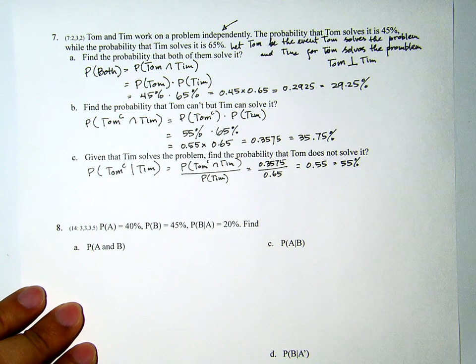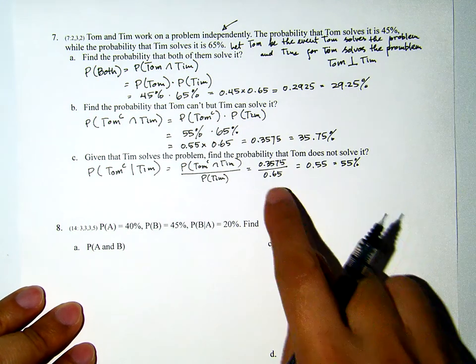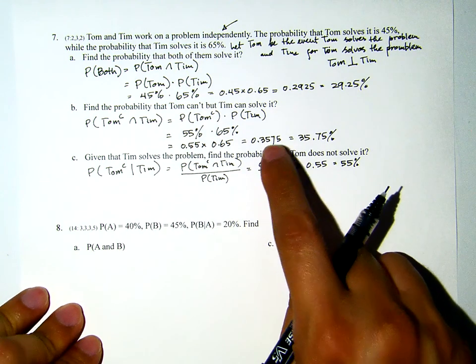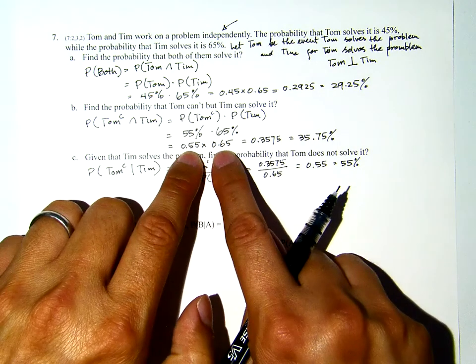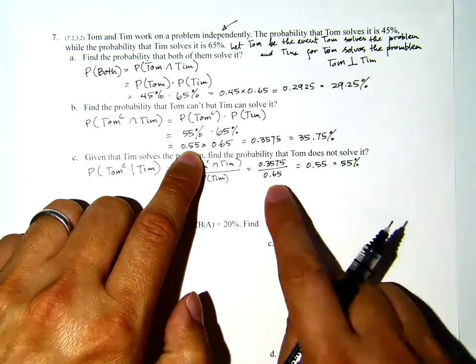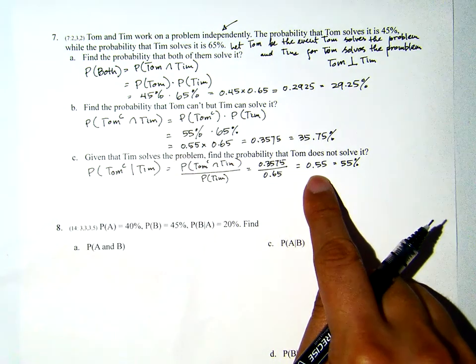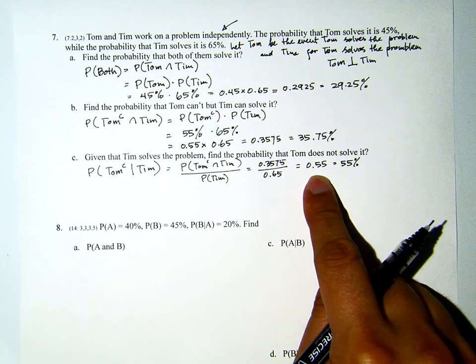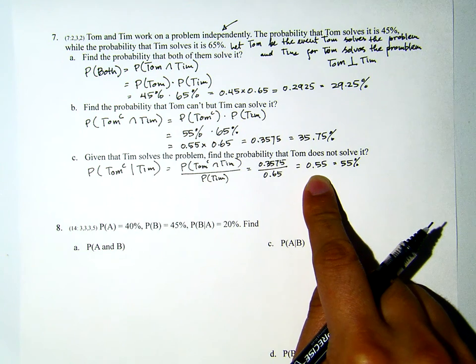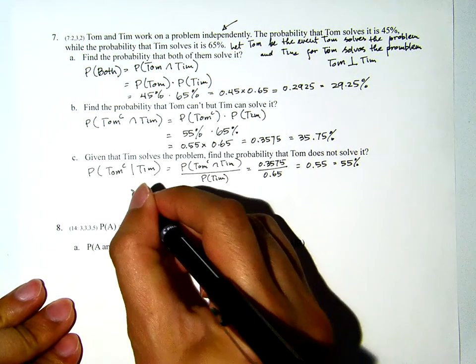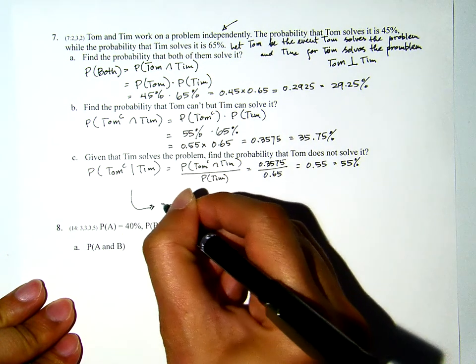You can try, divide that by 0.65. After all, this 0.3575 is coming from the product of 0.55 times 0.65, which if you divide by 0.65, you will get 0.55. Agree? But if you think about it, you can do it in an even easier way. Remember that they are independent.